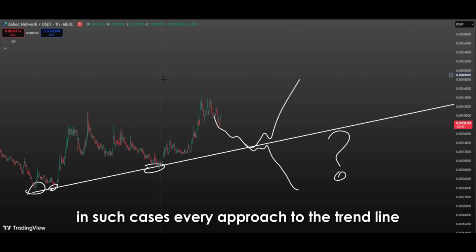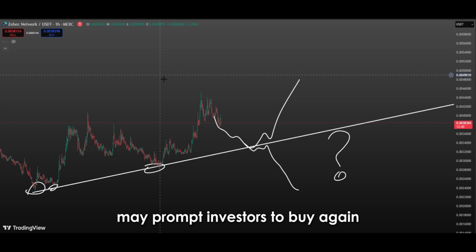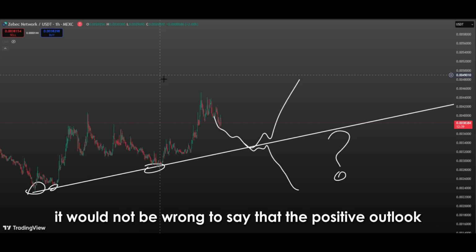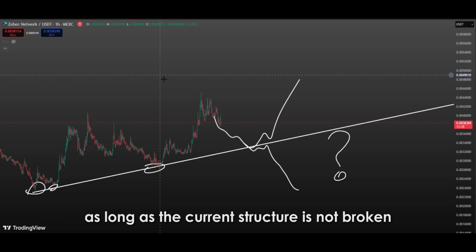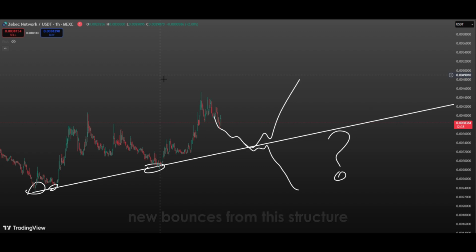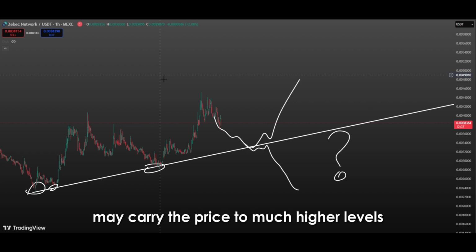In such cases, every approach to the trend line may prompt investors to buy again, and the upward reaction from the line reinforces the validity of the formation. Therefore, it would not be wrong to say that the positive outlook continues as long as the current structure is not broken. In fact, potential new bounces from this structure may carry the price to much higher levels.